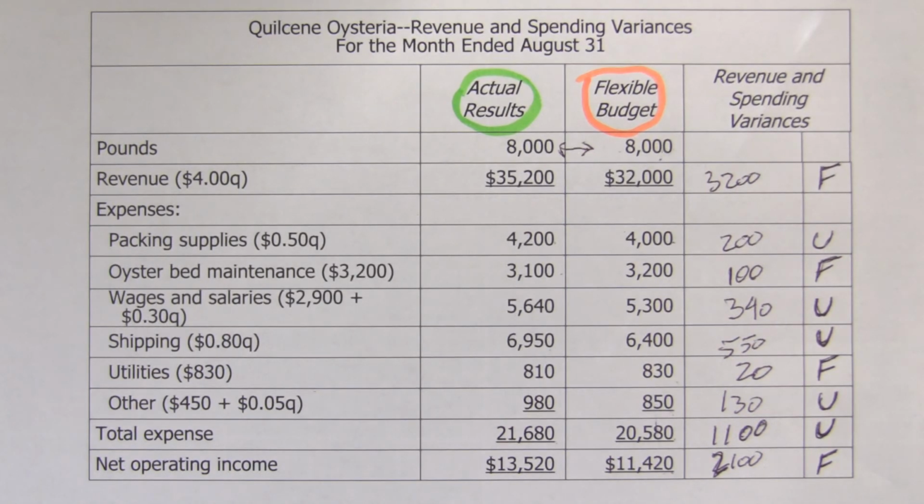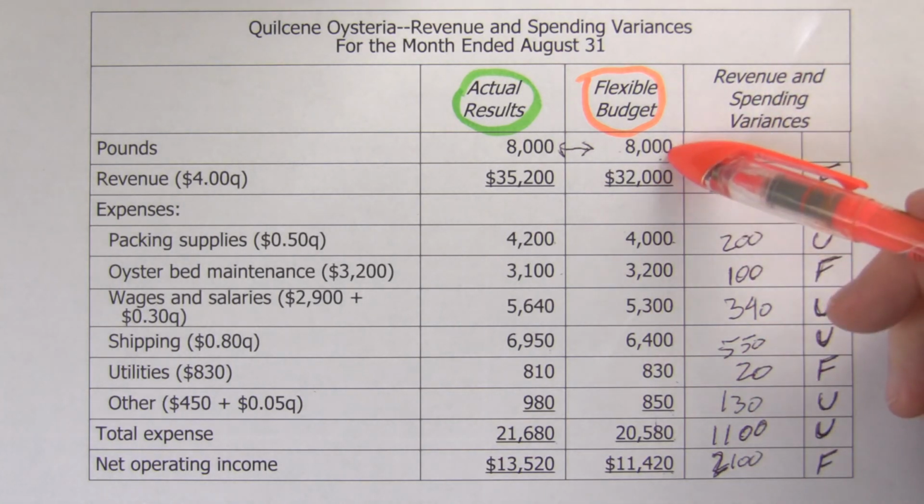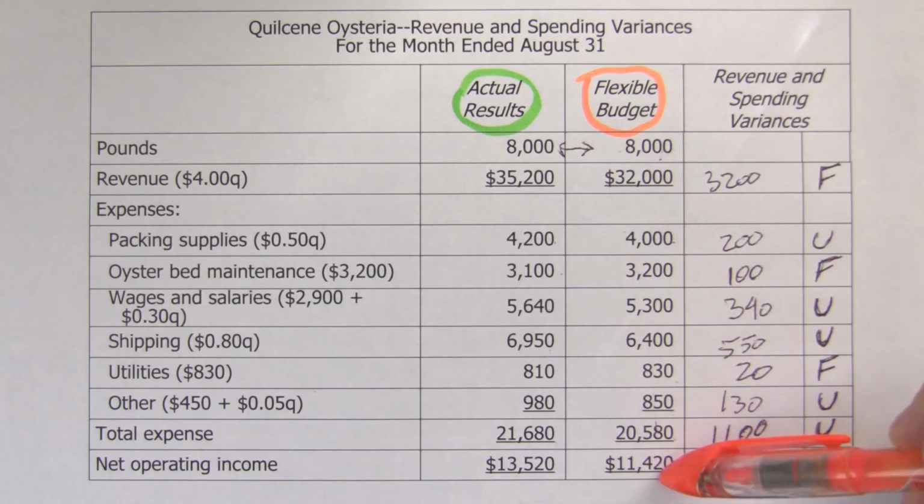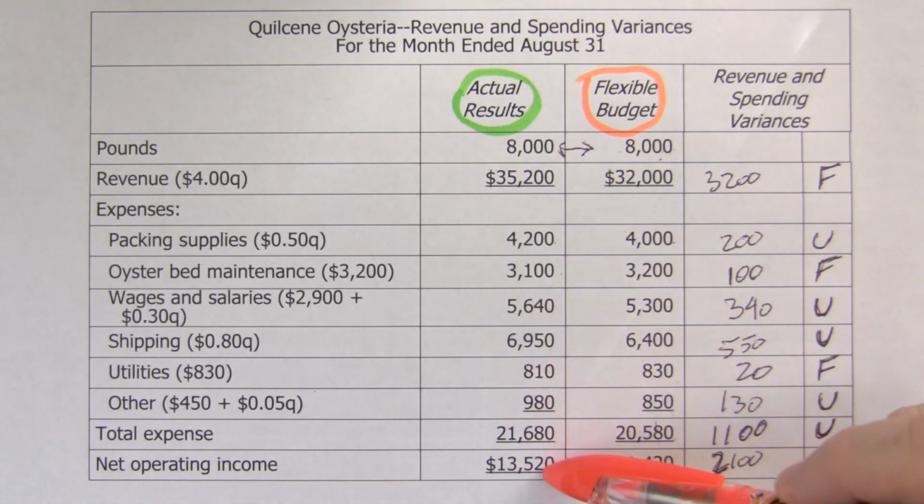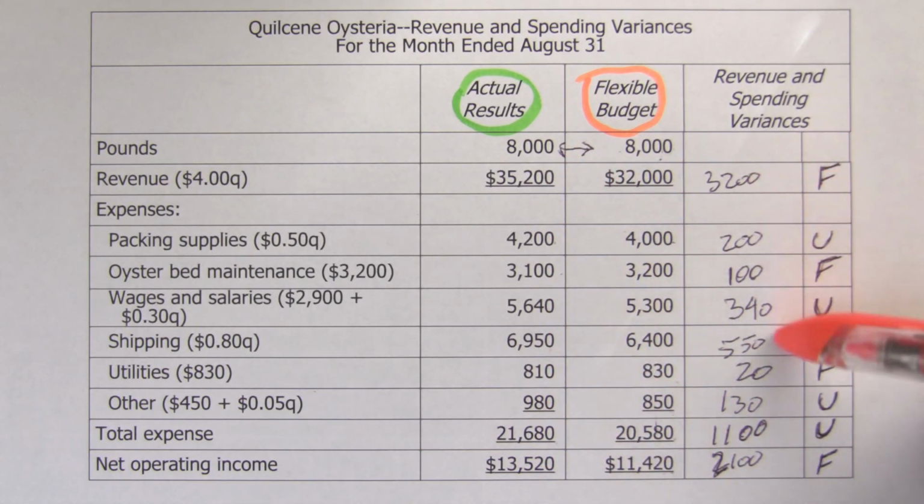If you do less, you're probably going to spend less and make less. It's not until you flex the budget to that level of output that you come up with numbers like this that say, how much did we expect to make? How much did we actually make and spend? And what are the revenue and spending variances?